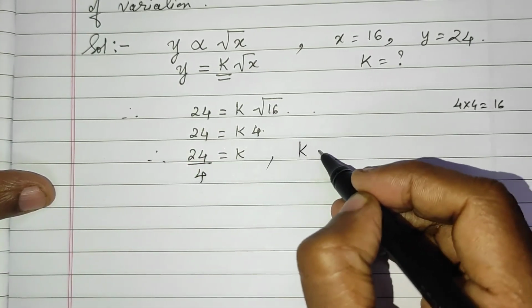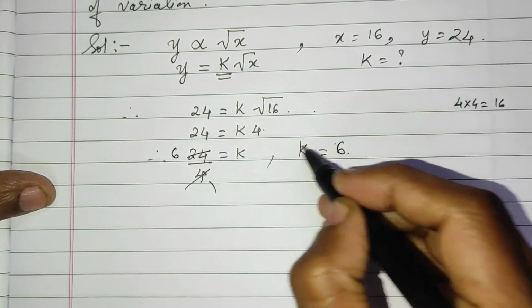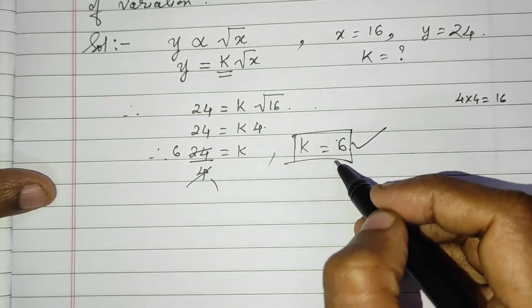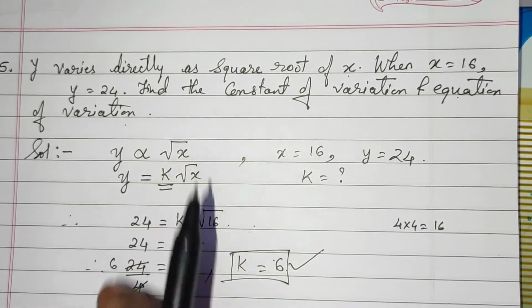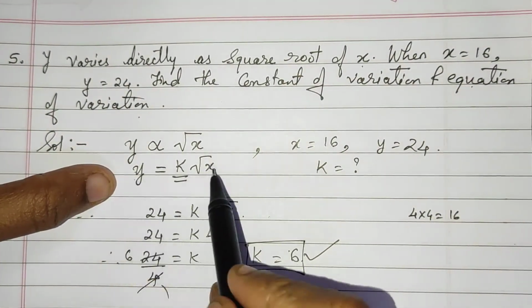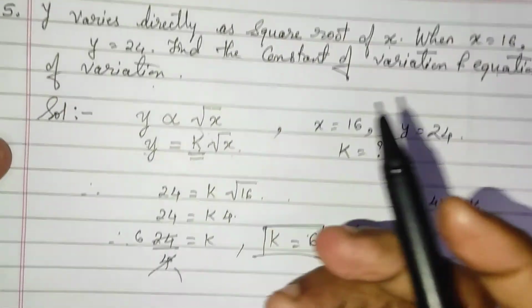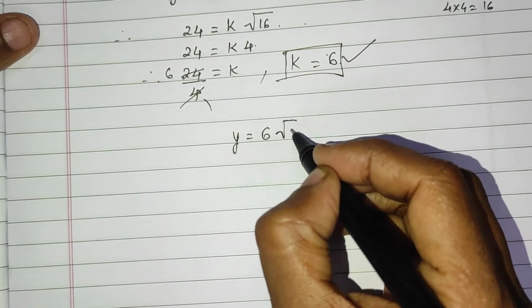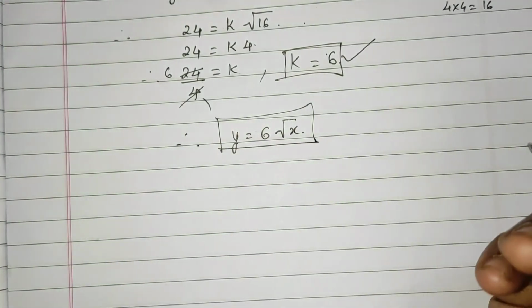So if we divide it further, 4 ones are 4, 4 sixes are 24. So k is equals to 6. So we found the constant. And further what they have asked, equation of variation. So equation of variation means this same equation, here we just have to put the value of k. So that means y is equals to 6 root of x. This is our equation of variation.